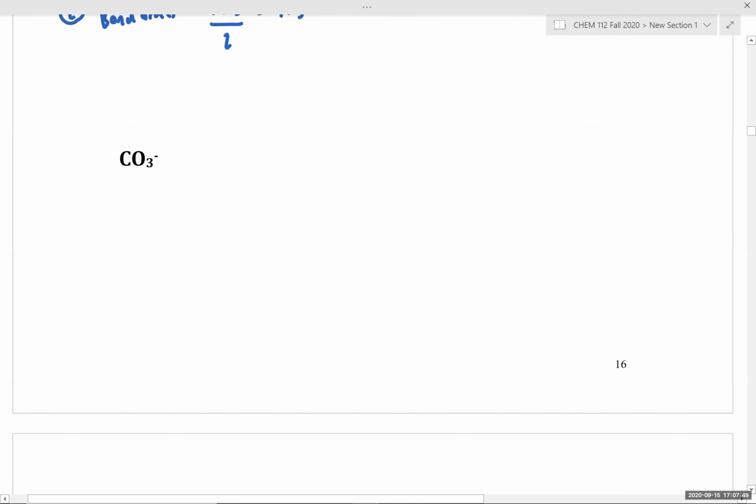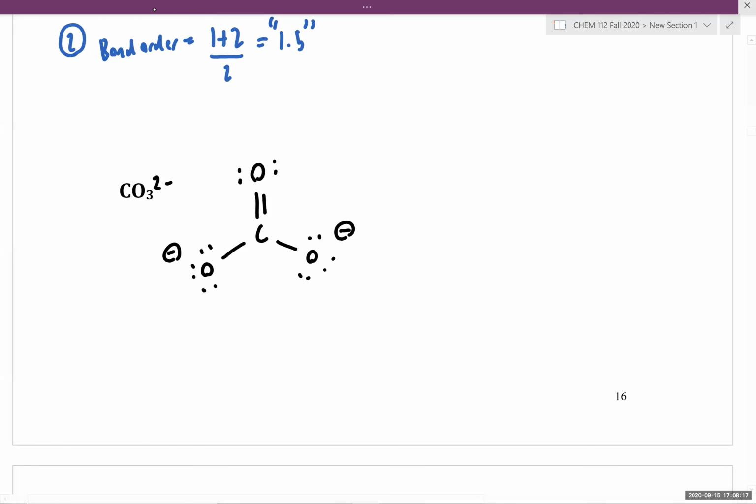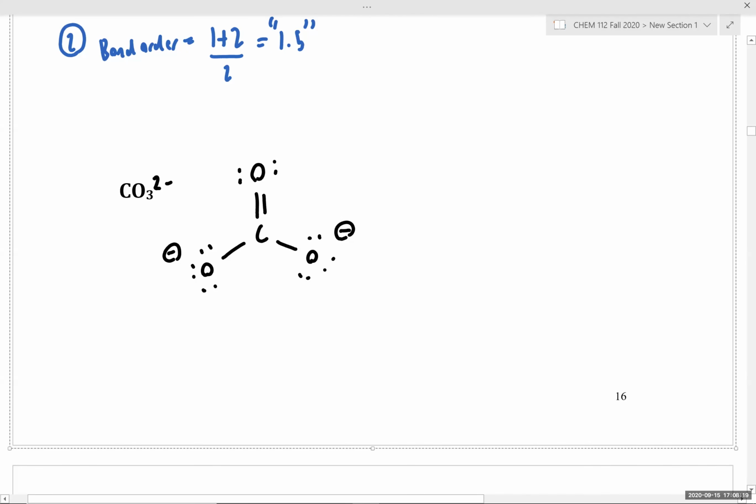So let's take a moment and look at carbonate, CO3 2 minus. Our first structure for carbonate would look something like this. Now we can push our electrons and generate a few resonance structures.